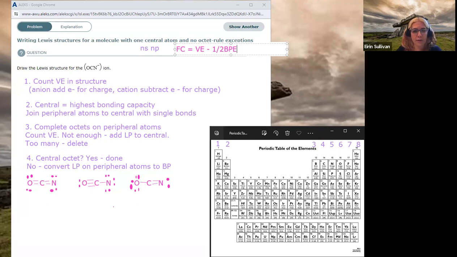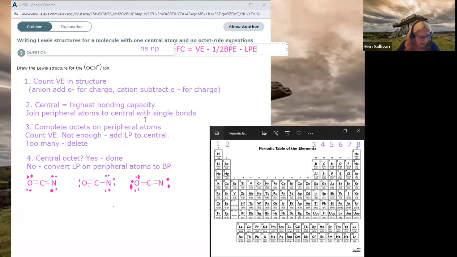So if we're calculating the formal charge on one particular atom, only half of the electrons that are the bonding pair electrons belong to that particular atom. The other half nominally belong to the other atom that it is bonded to. And then you're going to subtract off the electrons that are in lone pairs or non-bonding electrons, if you prefer. So we can do that and then get a formal charge.